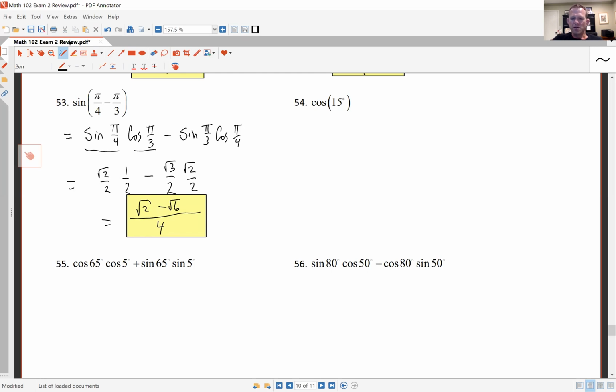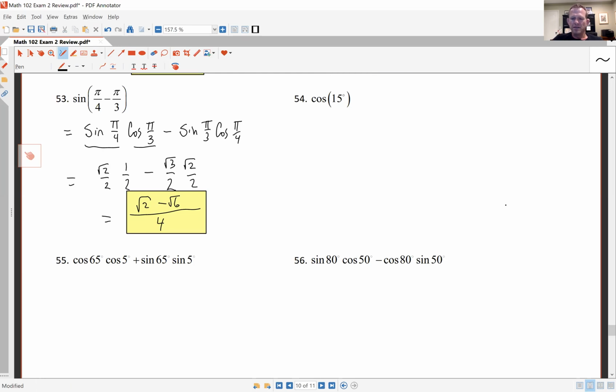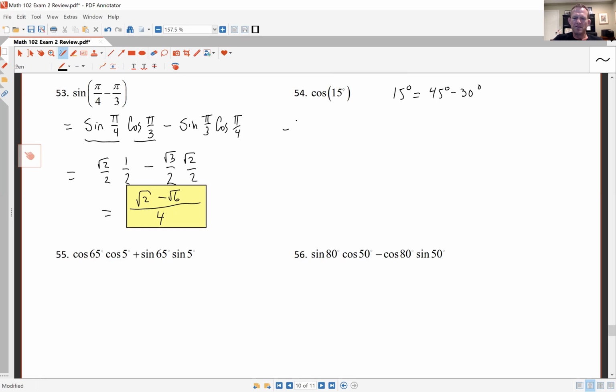15 degrees. Is there a way we can subtract two of our special angles and get 15 degrees? Yes, 45 minus 30. So we have the cosine of 45 degrees minus 30 degrees. The cosine does cosine, cosine, sine, sine. It does the same, and then it alternates.